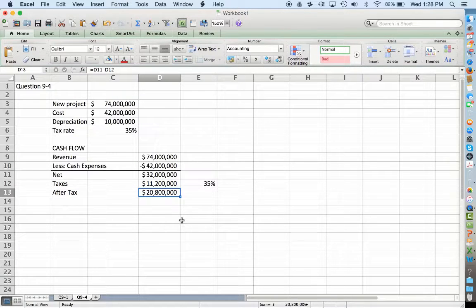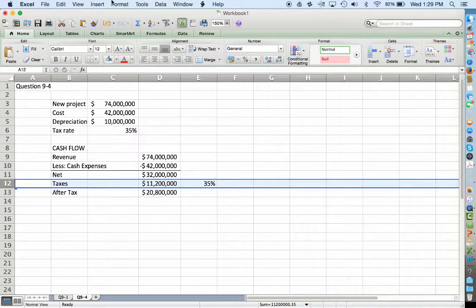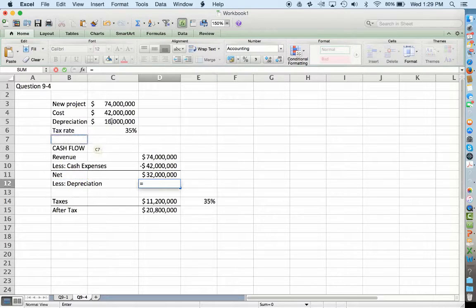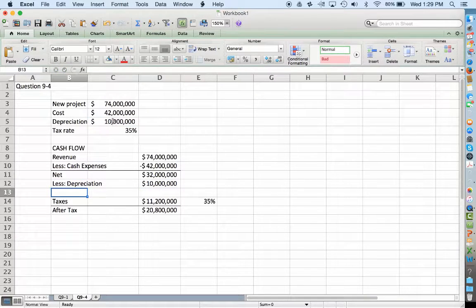But that's not quite right because I have depreciation, right? So we don't want to forget depreciation. So what I'll actually do is add a couple rows, and I'll say less depreciation. Put in my depreciation. And I will get a subtotal, 32 million minus the 10 million.